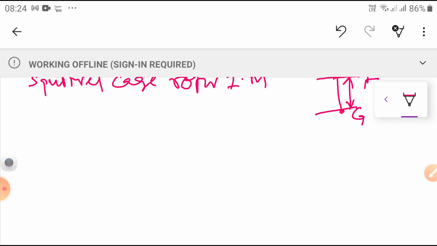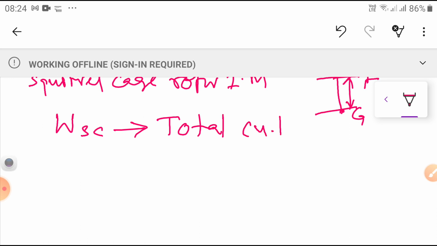So whatever the short circuit blocked rotor test wattmeter W SC records is equal to the total copper losses. We are assuming it to be total copper loss.